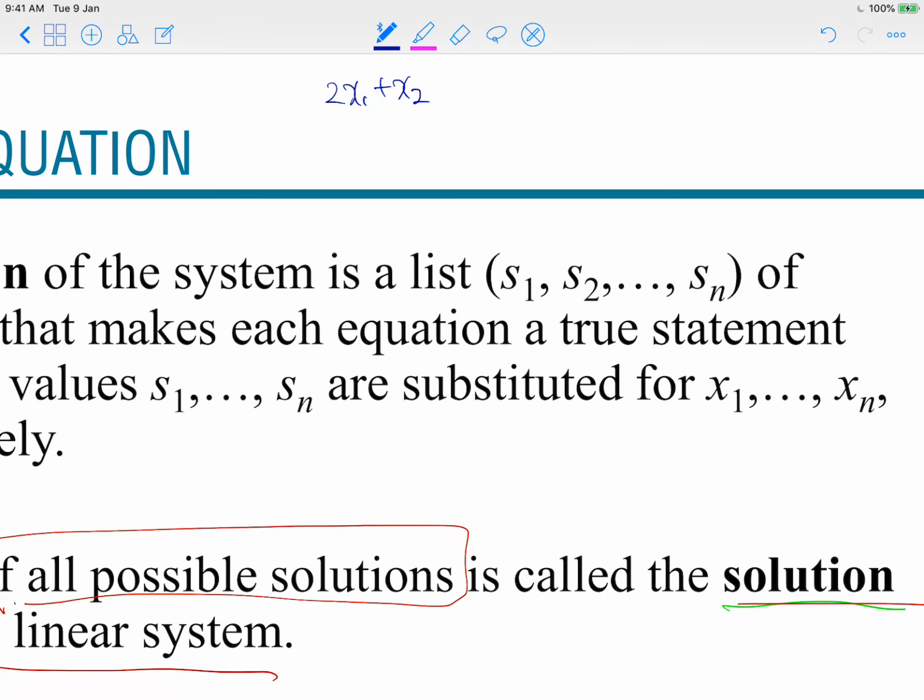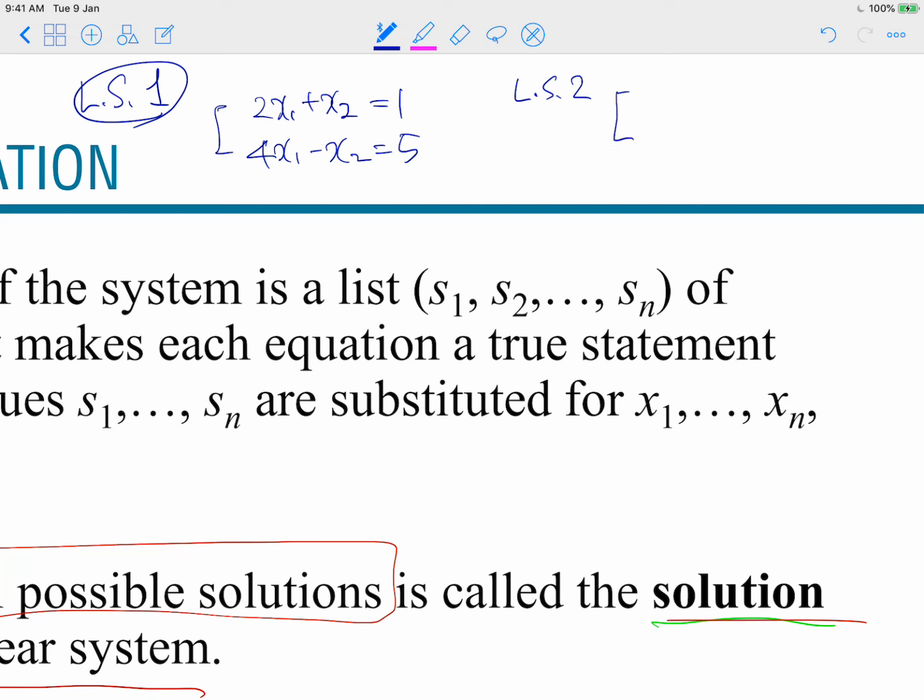So how about this? 2x1 plus x2... okay, so this is linear system number 1. And then let's think of linear system number 2 as follows.